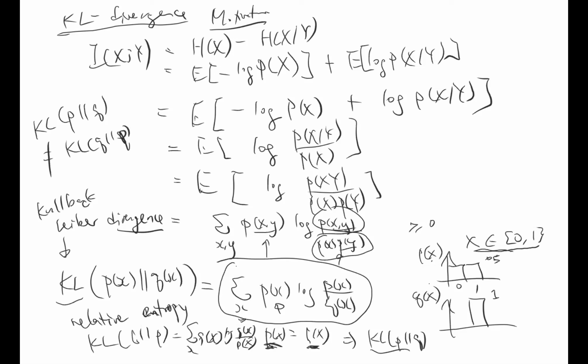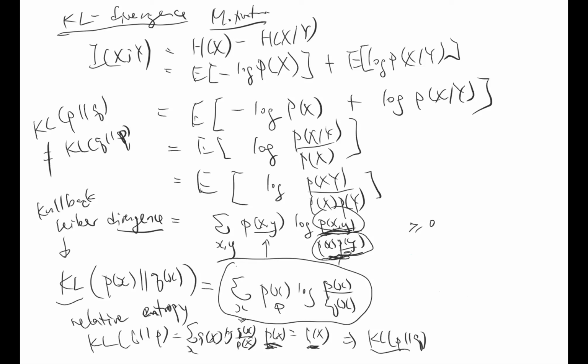Back to our mutual information example, if p(x,y) is equal to p(x)p(y), then the KL-divergence will be 0, and therefore they are independent.